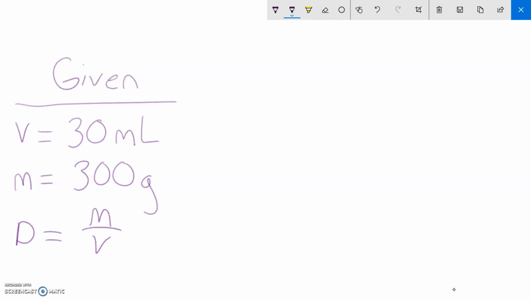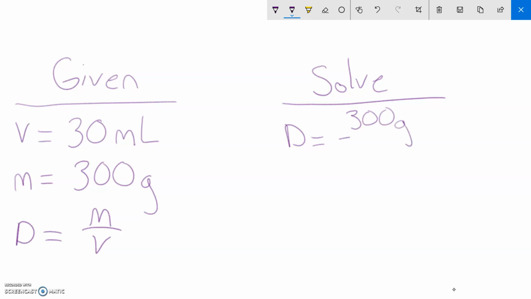So now what I can do is I can section this off, and now I can go over here and I can solve this particular problem, right? So I'm going to take my equation, D for density equals my mass, which is 300 grams, and I'm going to divide it by my volume, which is 30 milliliters.